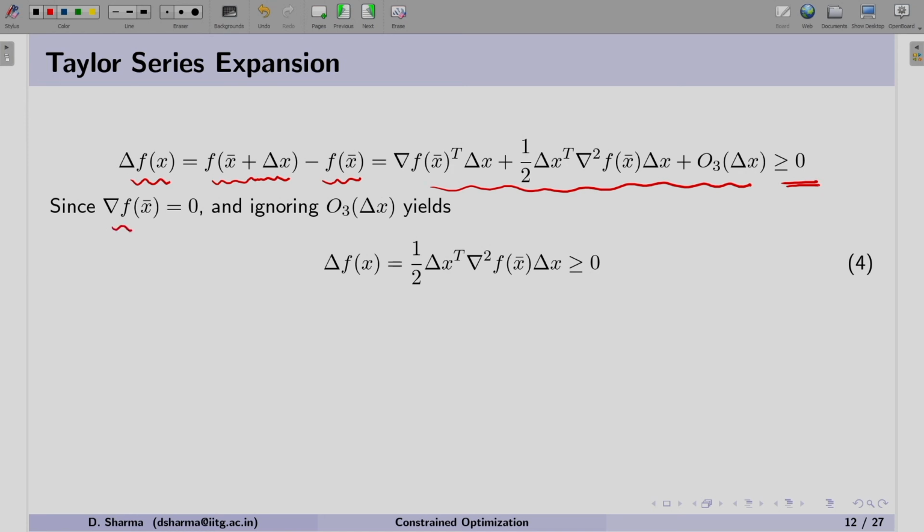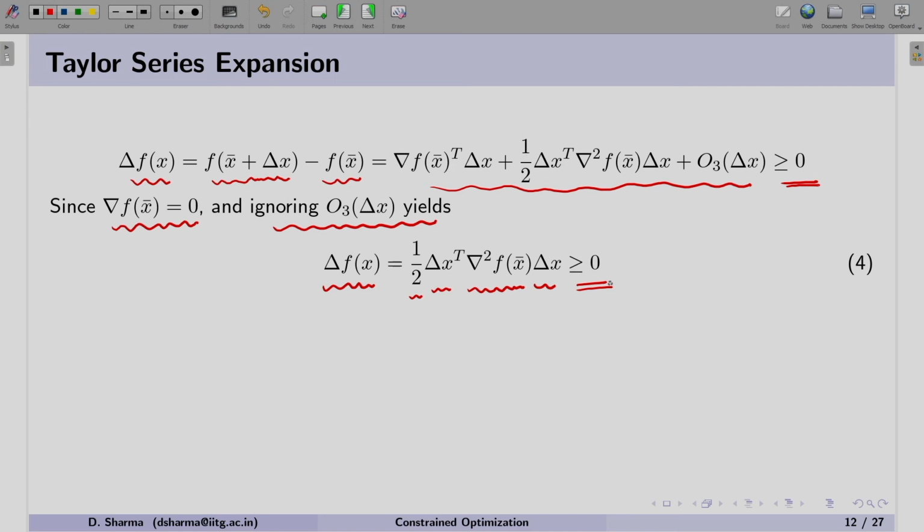Since for an arbitrary value of delta x the gradient of the function at x bar should be 0, let us ignore the other term. We will get equation number 4, which says that delta of f of x is equal to the second term, half delta x transpose Hessian of the function at x bar times delta x, and that should be 0.